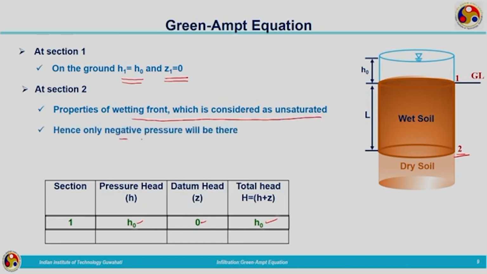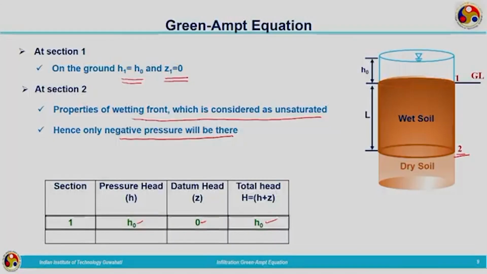So, only negative pressure will be there. In the unsaturated zone, the main component of the head causing the flow is the suction head, which we have seen is the negative pressure head. Suction head and datum head are the two components of head causing the flow within the unsaturated region.